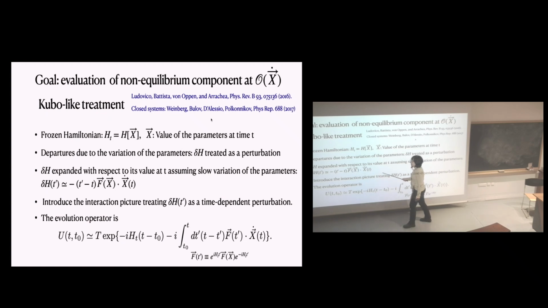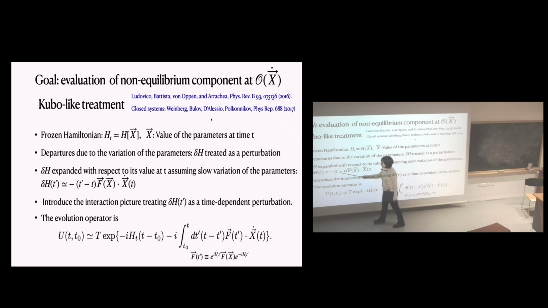This is basically a linear order expansion of the time-dependent Hamiltonian, in which the part that plays the role of my H0 in the Kubo language is the first term of the expansion, and the next term of the expansion is this one, which contains the derivative of the Hamiltonian.